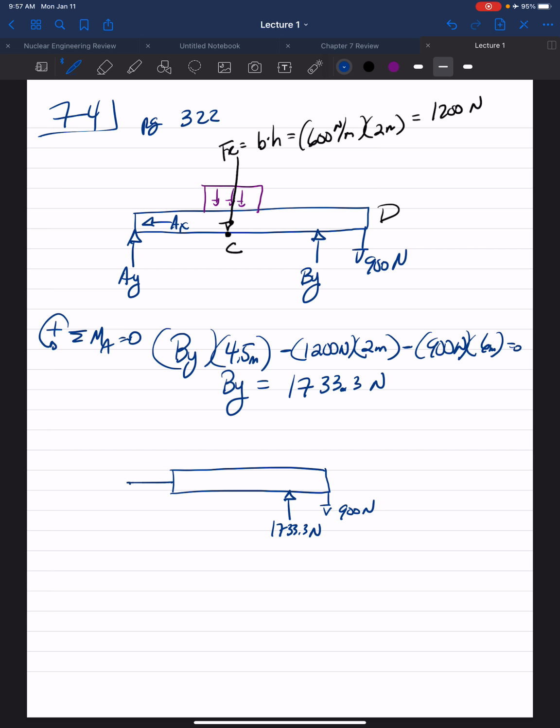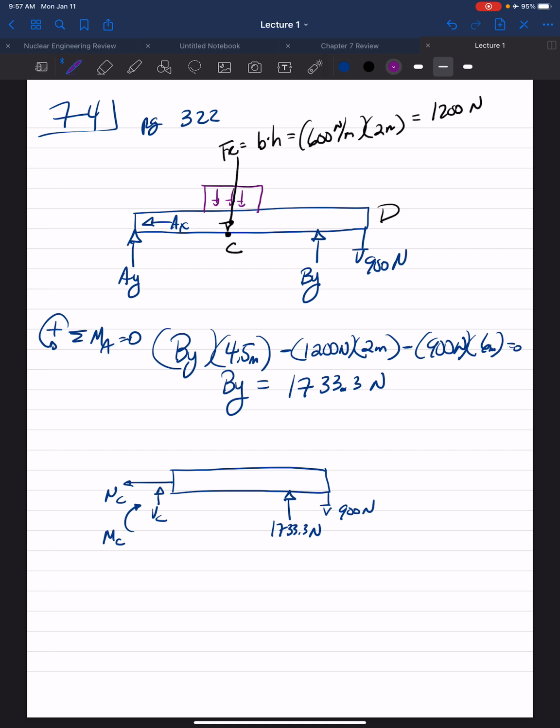We have our normal force at C, shear force, and our bending moment. Now that we made this section at C, we have to take into account the change in the loading base.